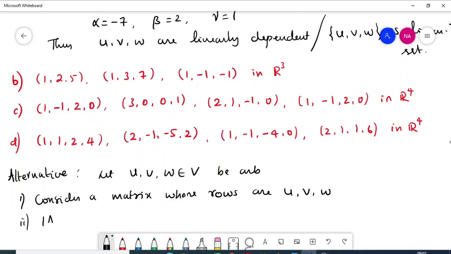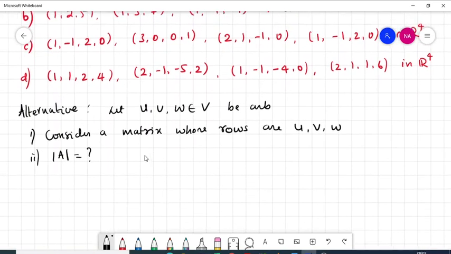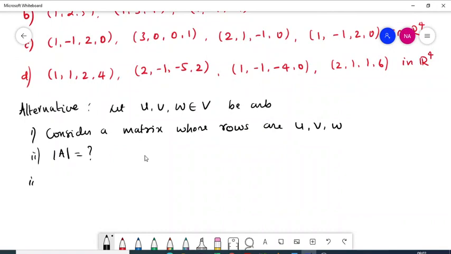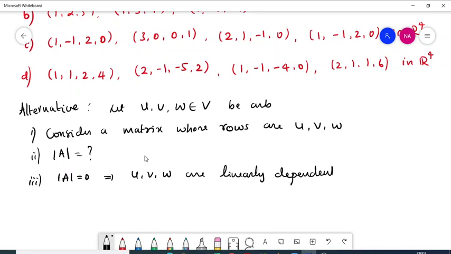Then find the determinant. You have to find the determinant of that matrix. Determinant of A equal to 0 implies the vectors U, V, W are linearly dependent. If the determinant of that matrix is 0, then the conclusion is U, V, W are linearly dependent.